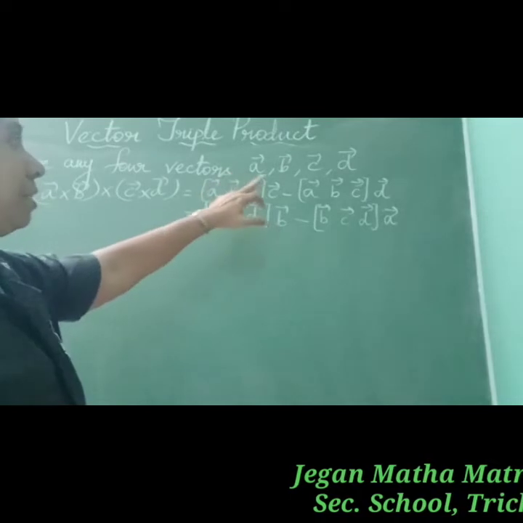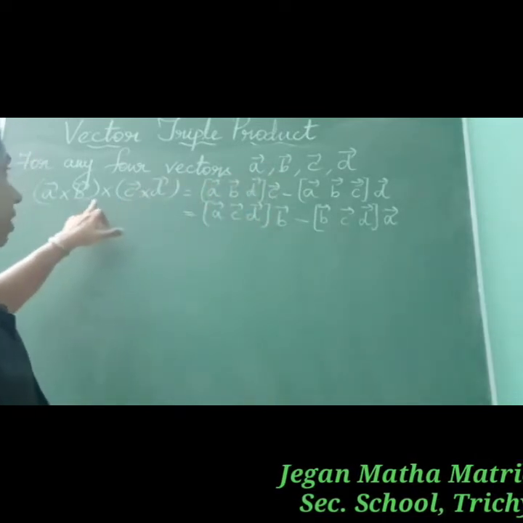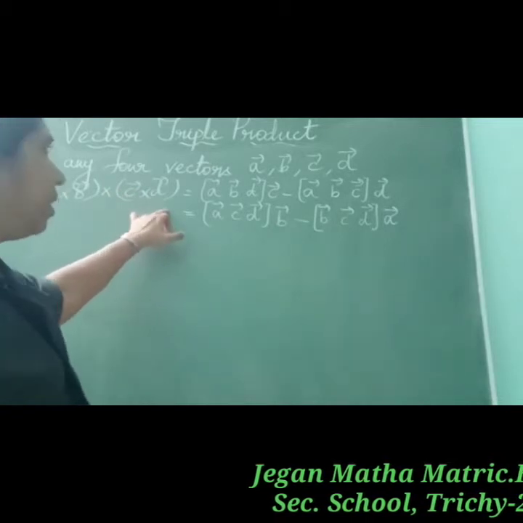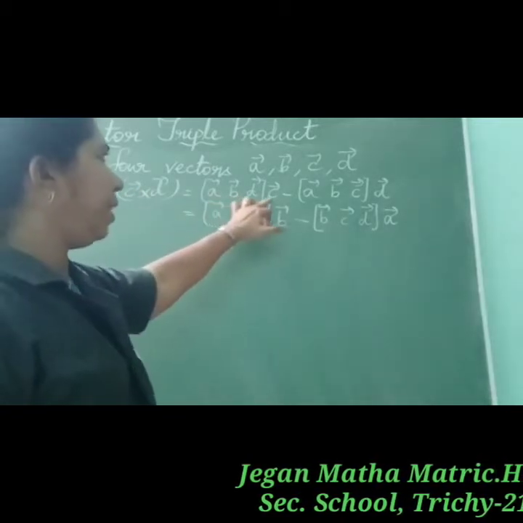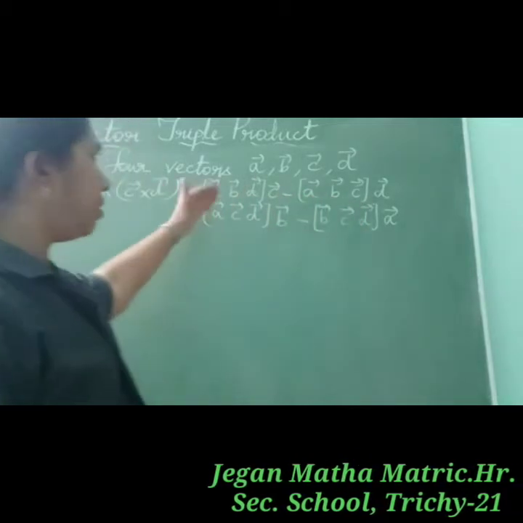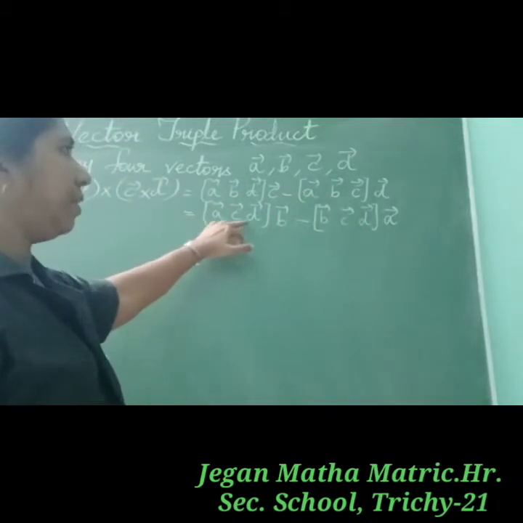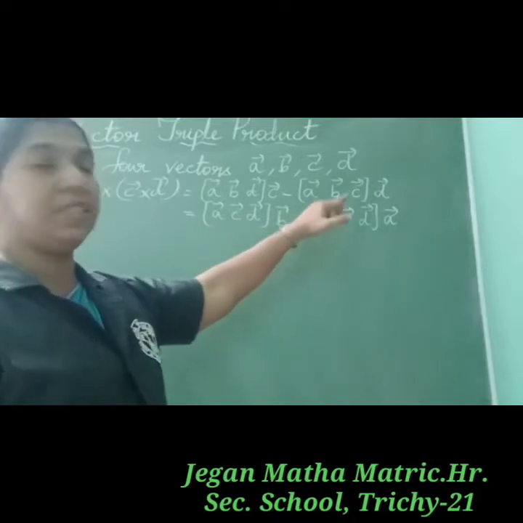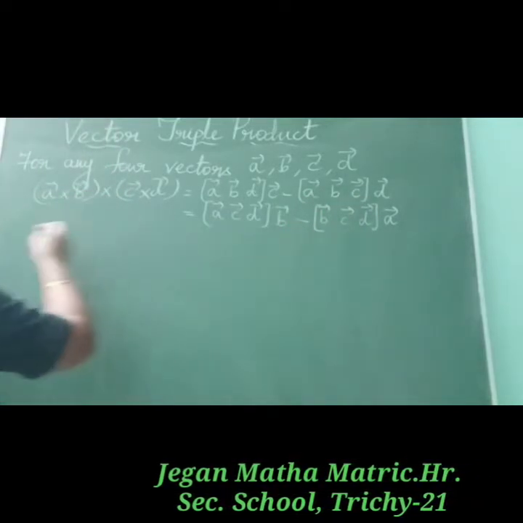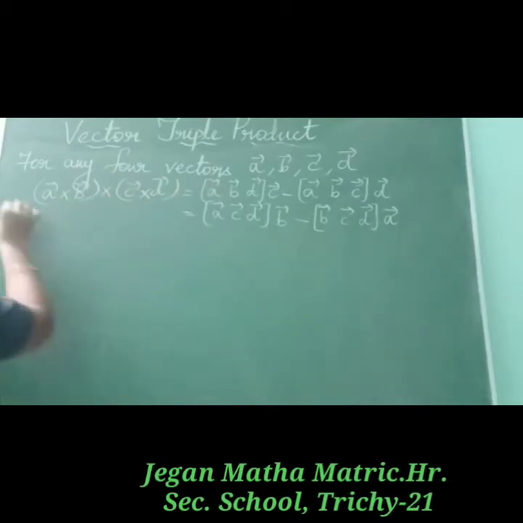If A, B, C, D are the 4 given vectors, then (A cross B) cross (C cross D) is equal to [A B D] C vector minus [A B C] D vector, that is also equal to [A C D] B vector minus [B C D] A vector. So first we can prove the first result.